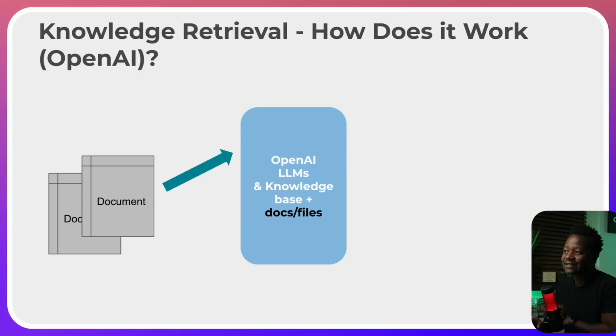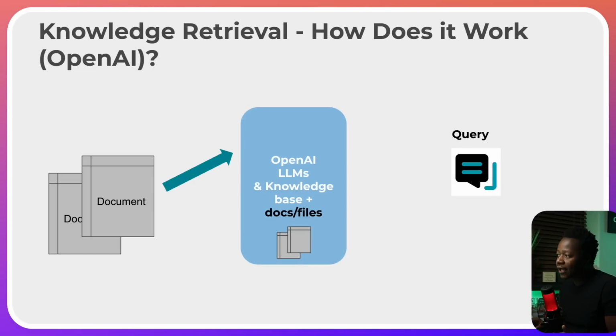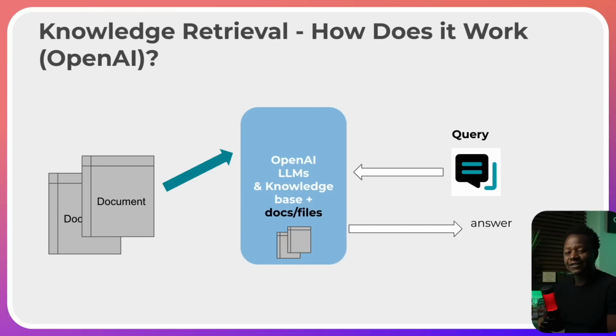When we pass these documents in, those documents or files are now part of the large language model's knowledge base. That's the whole idea. So when we ask questions to the model, which now understands more than what it knew before because we've passed more knowledge, then we can get the answers. So this is what we have in a nutshell.